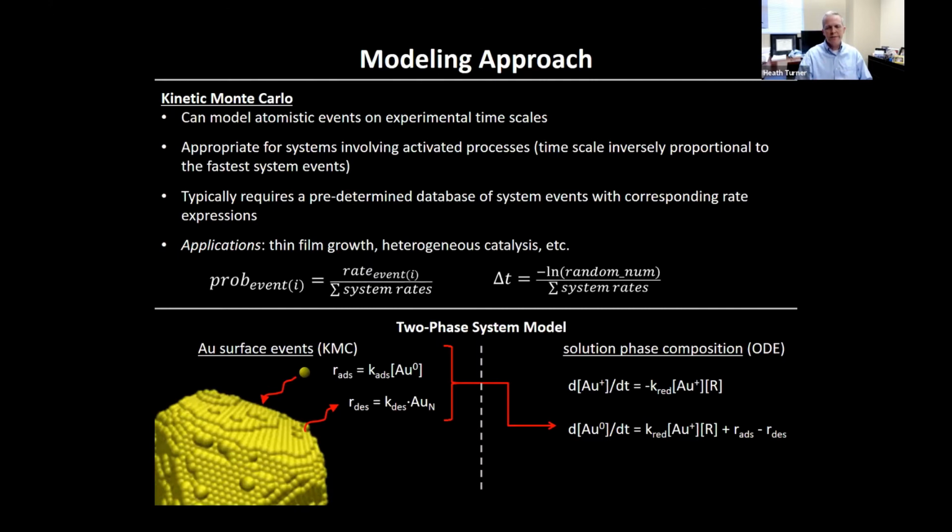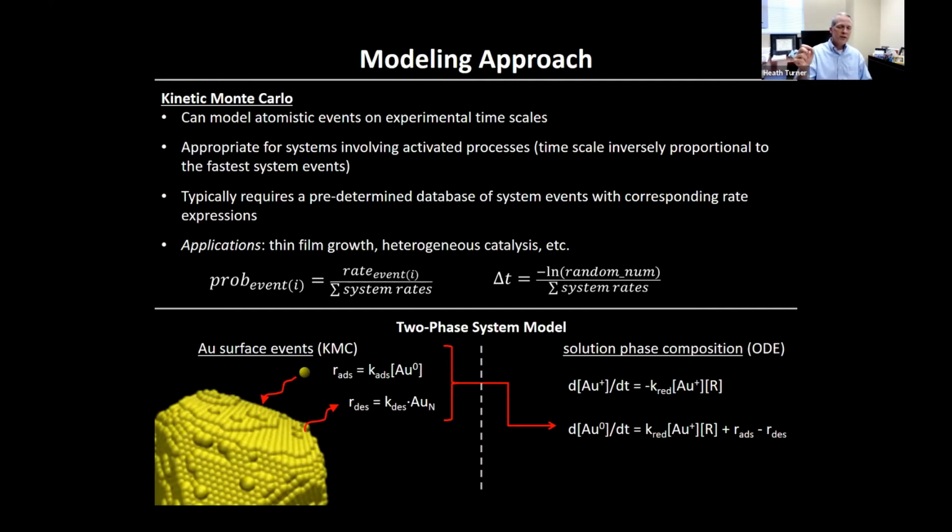So this is what our model looks like. I'm not going to go through the kinetic Monte Carlo approach again, but in this particular system, we have several different events that are occurring. Again, we just try to mimic the experimental system. We have this gold reduction that happens in the solvent phase. And then we have gold particles that will attach to this growing nanoparticle surface.